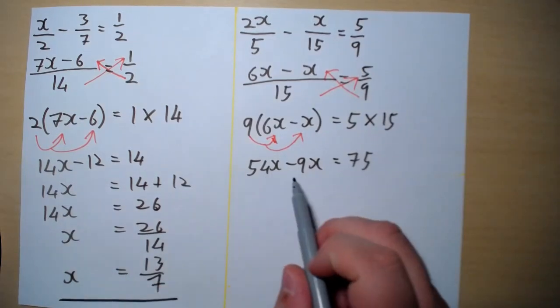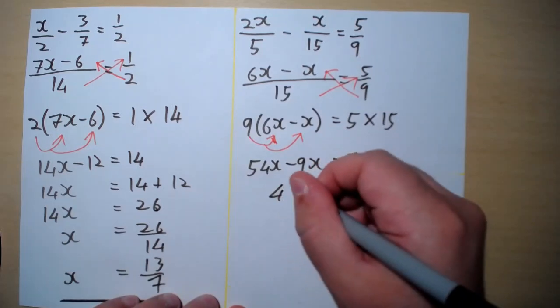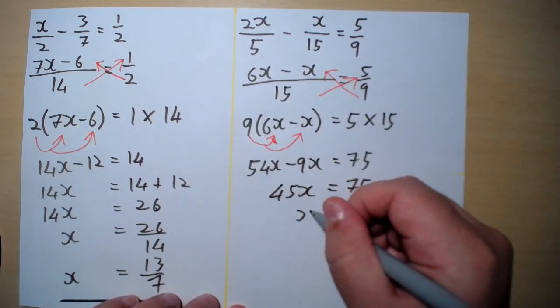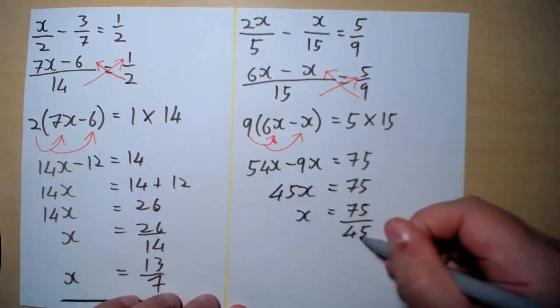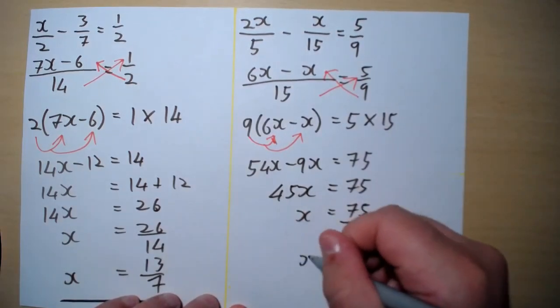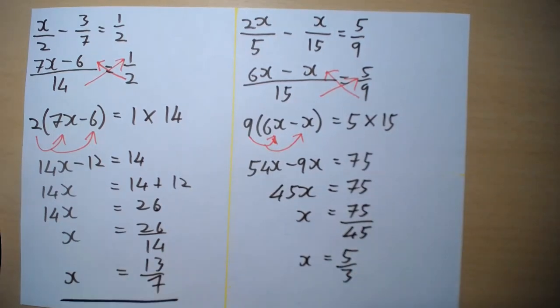If we subtract 9 from 54, this will give us 45x equals 75. Therefore, x is 75 division by 45. If we simplify that fraction, it will be x equals 5 all over 3.